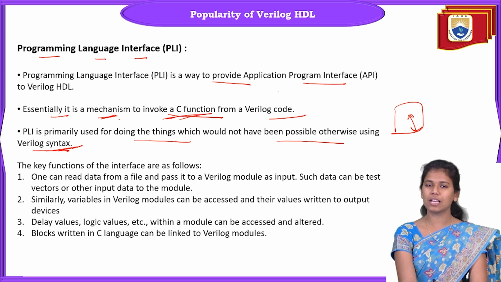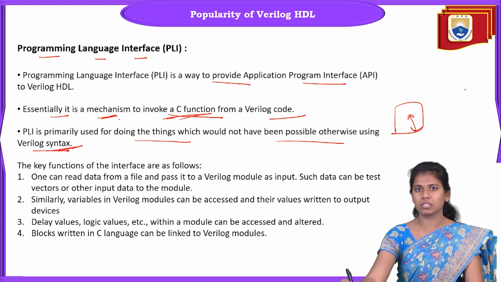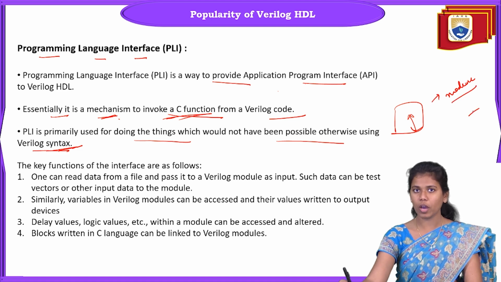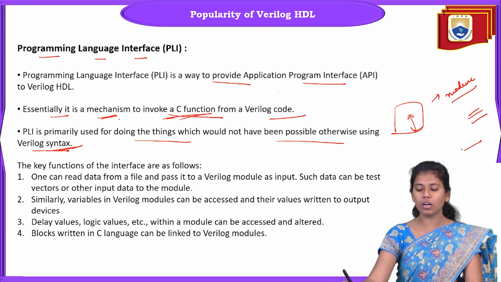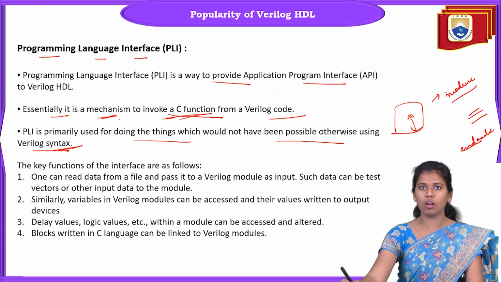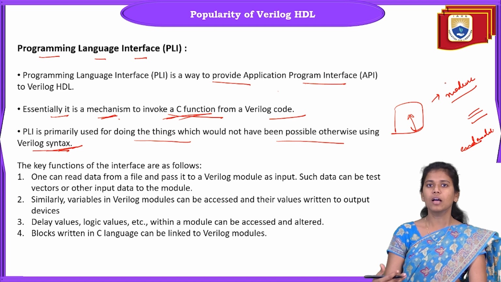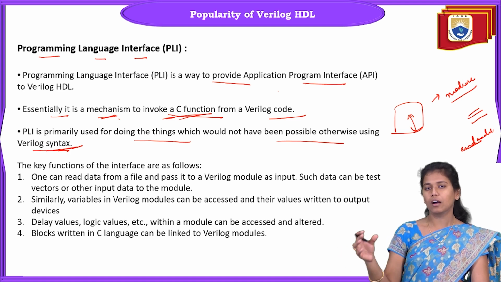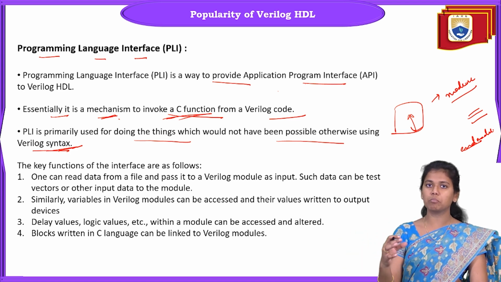This Verilog syntax consists of modules. Yesterday in the last class we discussed that the syntax starts with a module, you have a few statements, and it ends with endmodule. So this is the basic Verilog syntax in order to write a particular code for a particular electronic device or module.